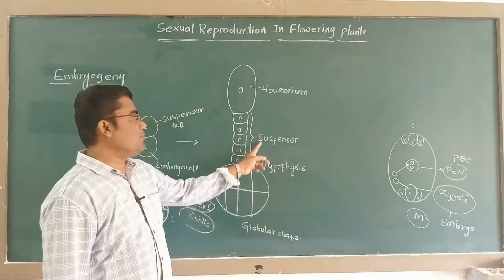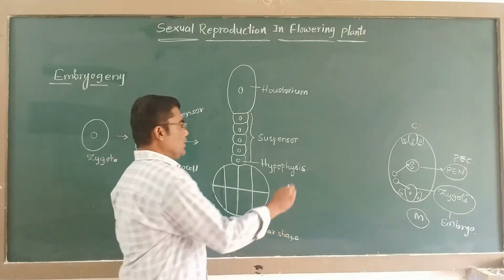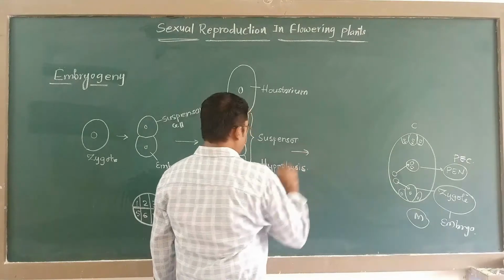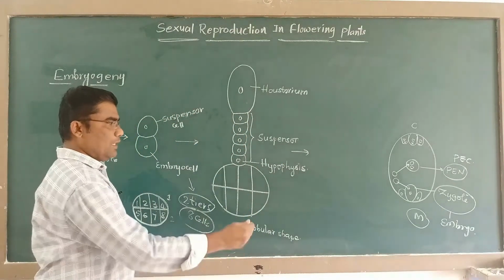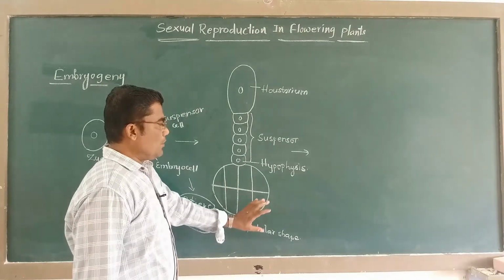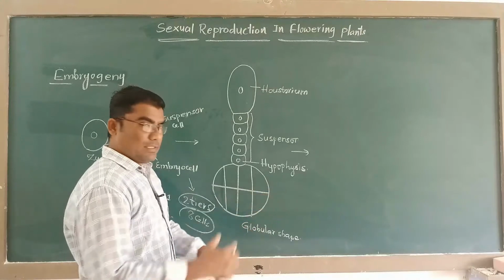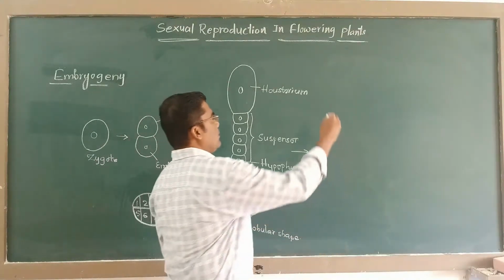That function is performed by the suspensor. So next, when we observe, what happens with this globular shaped embryo? We discuss it further. The globular shaped embryo gradually undergoes cell divisions, and it produces the heart shaped embryo.